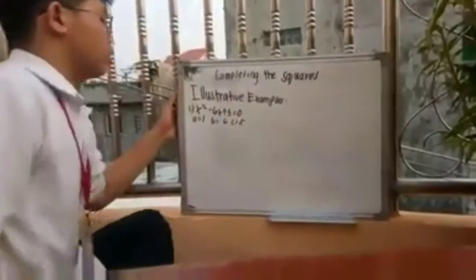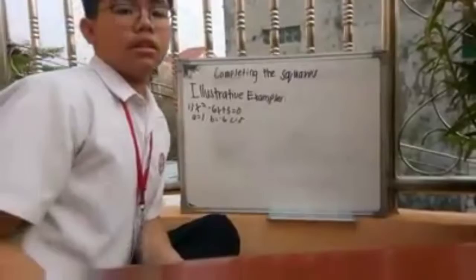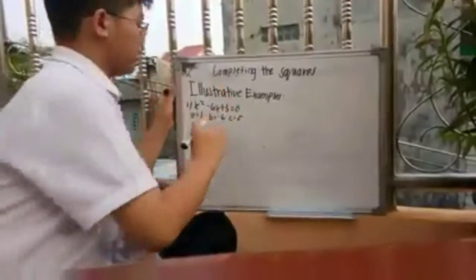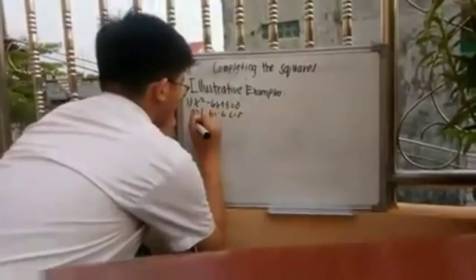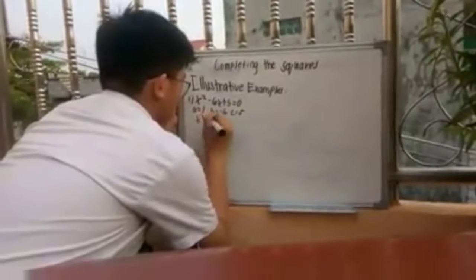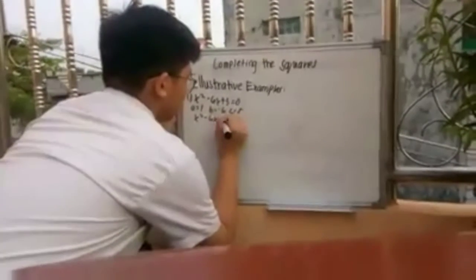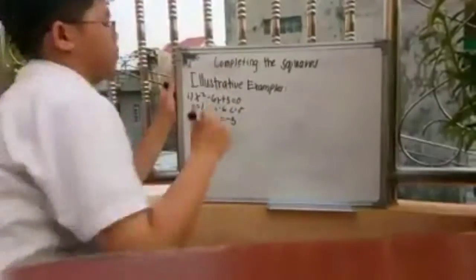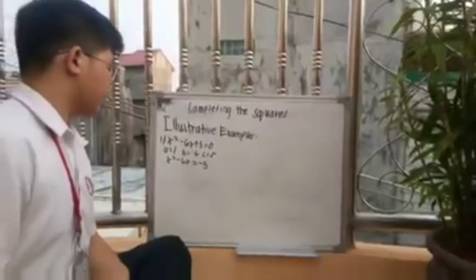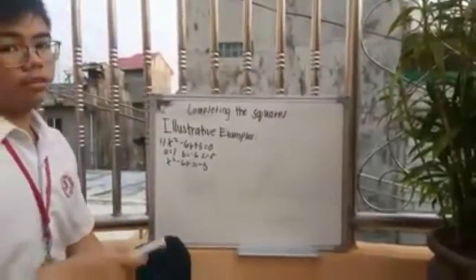So, to get the standard form, we transpose c, or the constant term, into the right side. So it becomes negative 5. For the left side, a perfect square trinomial, we need to get the constant value.